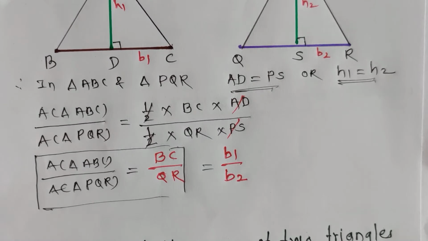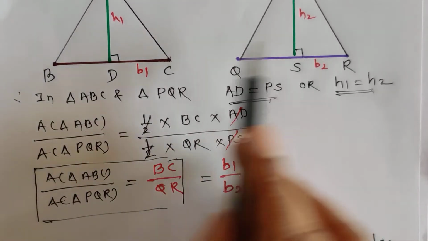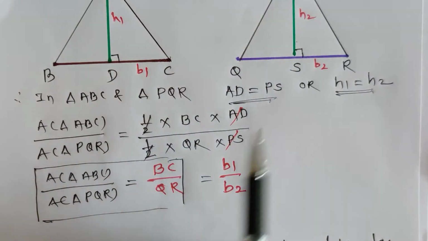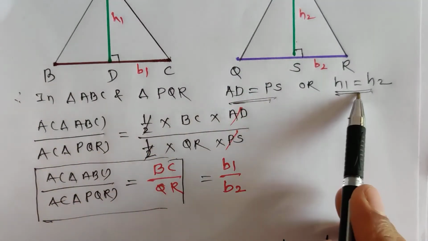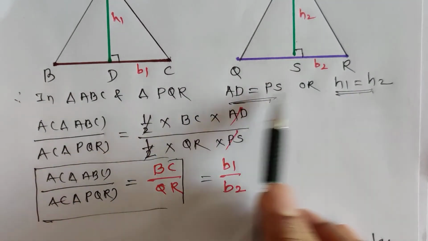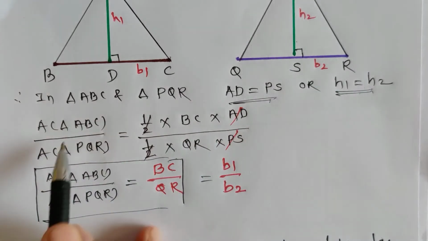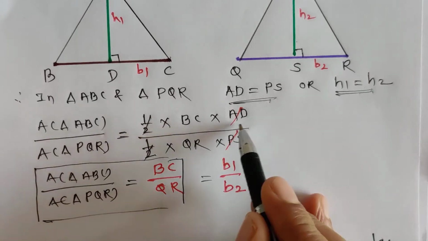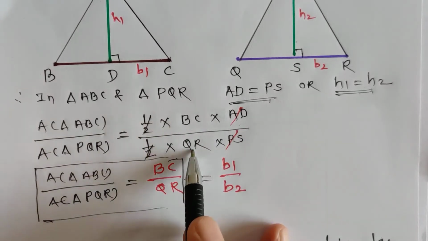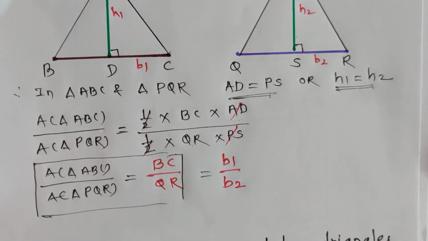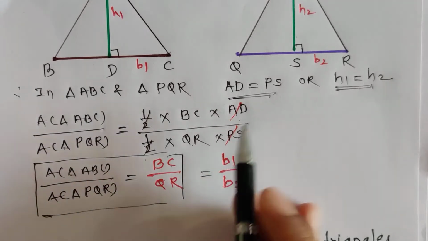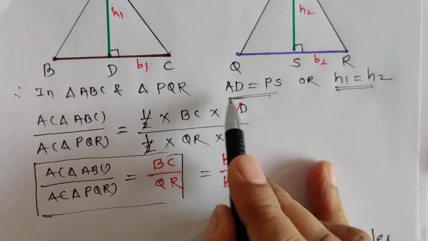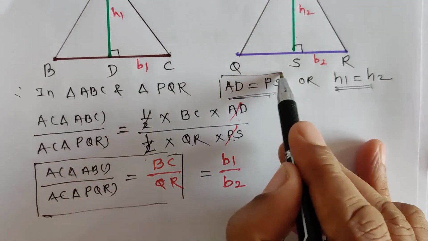So here let us see this property again. These are the two triangles having equal heights. So in triangles of equal heights, if we write the ratio of their areas, we get half into BC into AD divided by half into QR into PS. But here this half gets cancelled and AD and PS also get cancelled because these are equal terms.